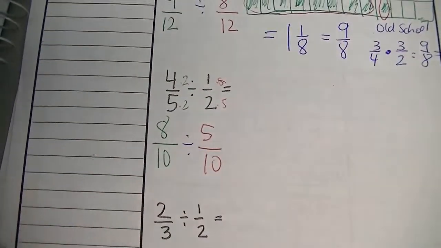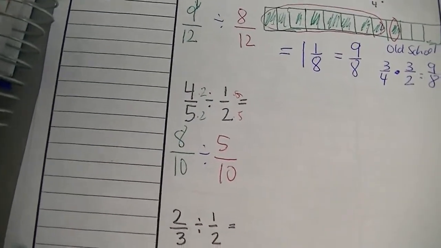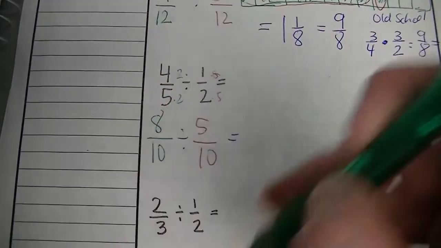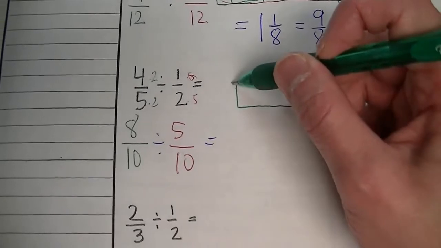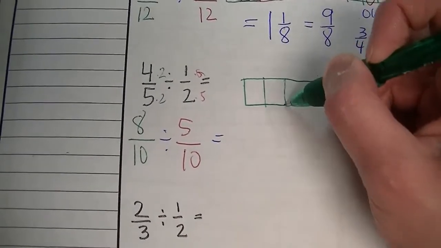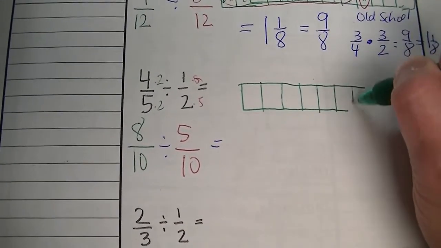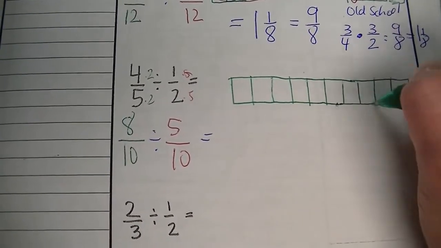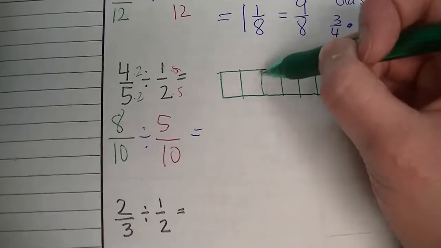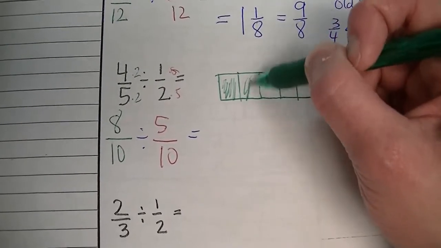So 5/10 is the same as 1/2. Now I'm going to draw it out. I want to have 10 pieces, and we're filling in 8.